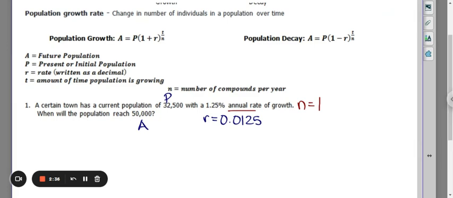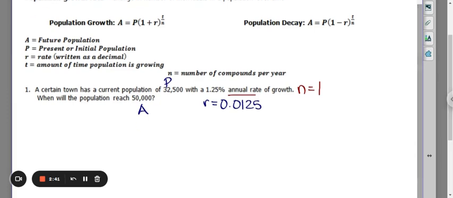I always start by writing the formula that I'm going to use, because then I very clearly can see exactly where all the pieces need to go once I've labeled them.